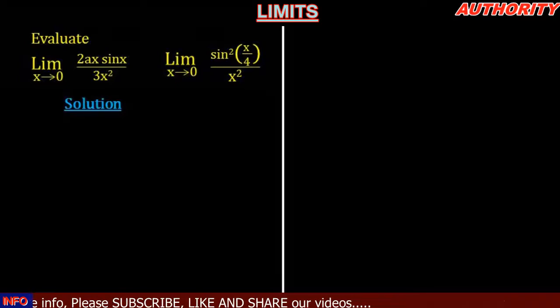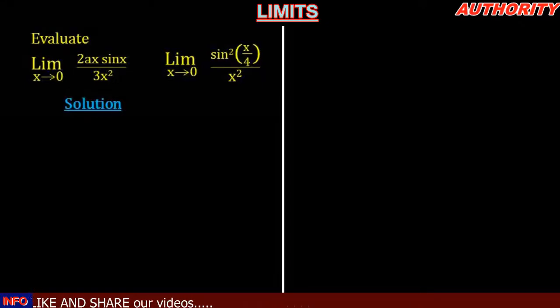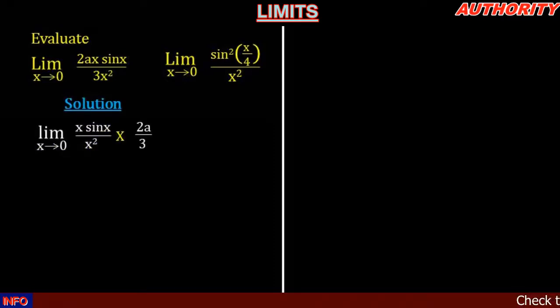Number 1, we have limit as x approaches 0, 2ax sine x all over 3x squared. Now, in this limit, we can split this into 2. It's still the same thing as saying limit as x approaches 0, x sine x all over x squared times 2a all over 3.